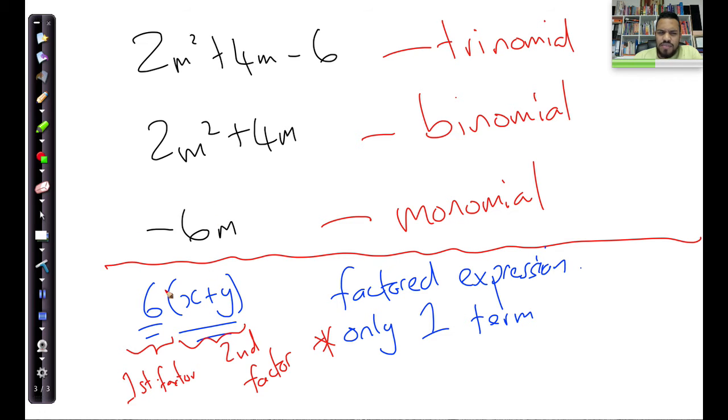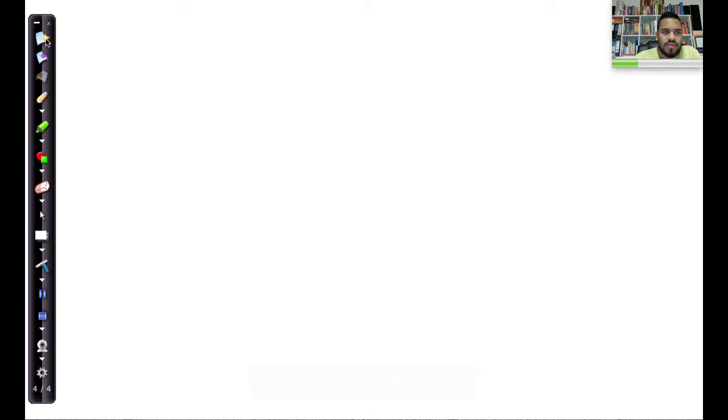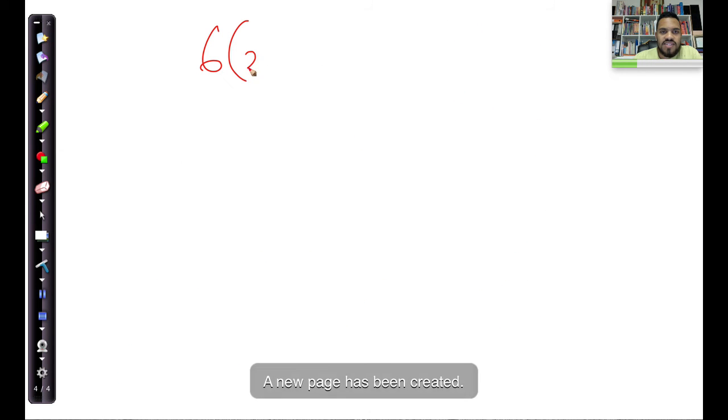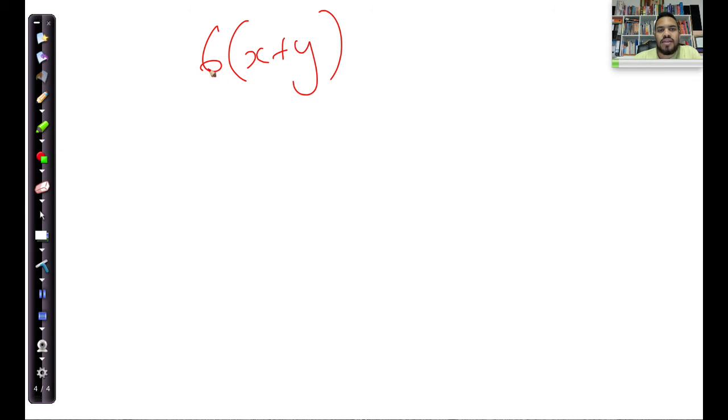Then to be careful when you see things like this, here is a factored expression that has only one term. Now let's break it down. I'm going to write that over here, 6 into x plus y again. Here there is one term, right?